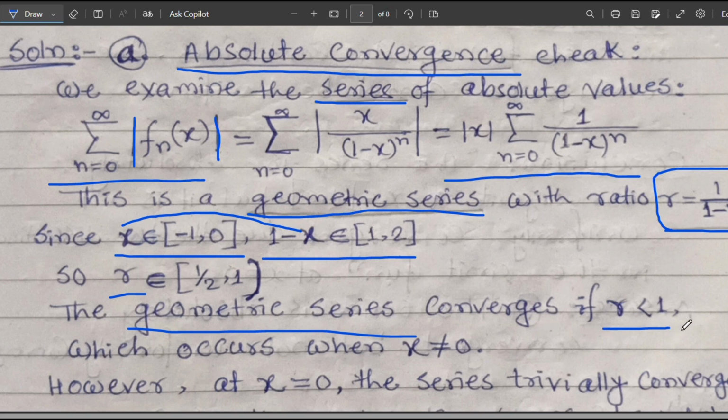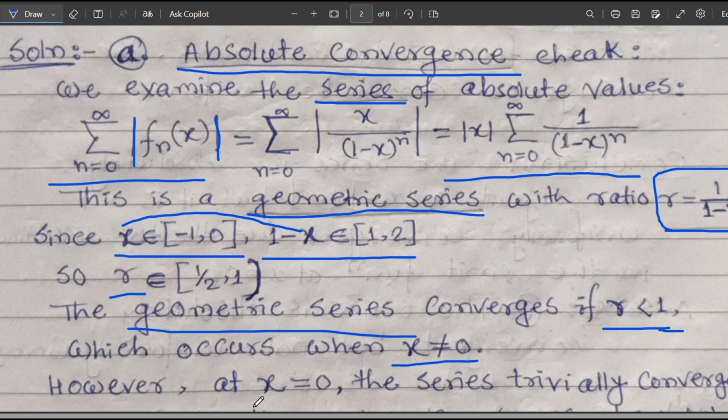Here, the whole sum is the geometric series, and this is its common ratio. So the geometric series converges if r is less than 1, which occurs when x is not equal to 0. If x is not equal to 0 and the r value is less than 1, then we say it is convergent.